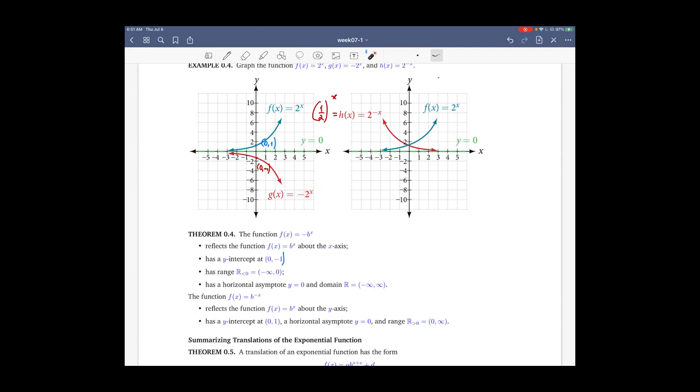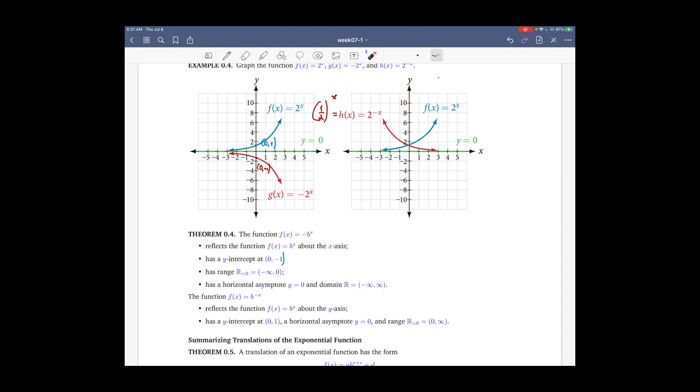And for the function b to the power -x, which is obtained from the function b to the x by replacing x by -x, we perform a reflection about the vertical axis.